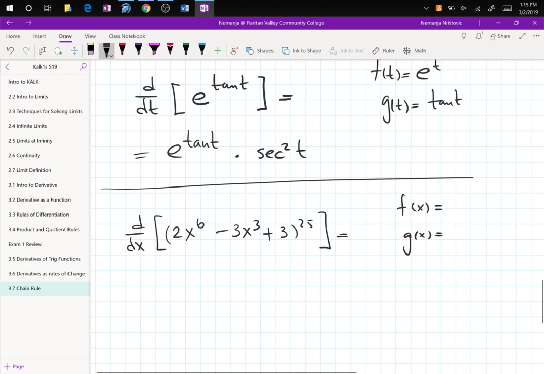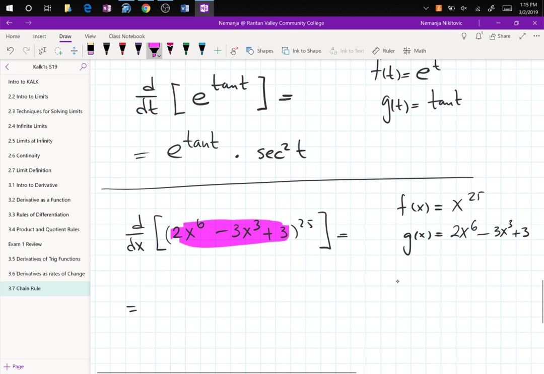What's f? Anyone? What's f? X to the 25th. So our g is 2x to the 6 minus 3x cubed plus 3. So, to find the derivative, all of this becomes just one thing.